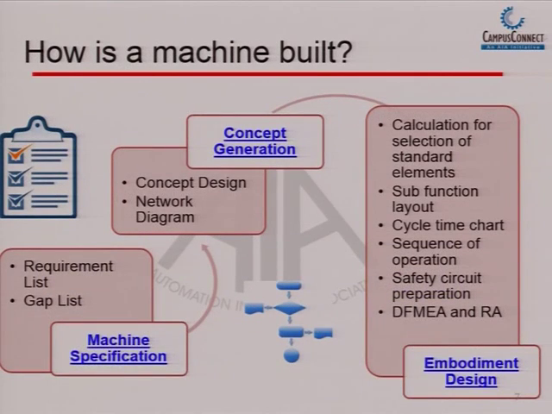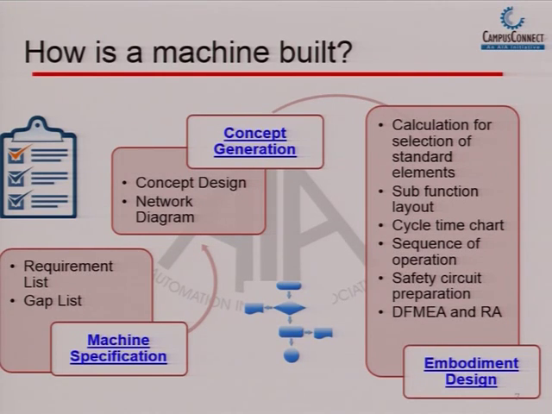Now we go to the next slide. So, how we build a machine. Now when you build a machine, there are different phases that we constitute to build a machine. We start from what we want in a machine to how we are going to build that, then what are the different elements and functions we would need to build the machine.